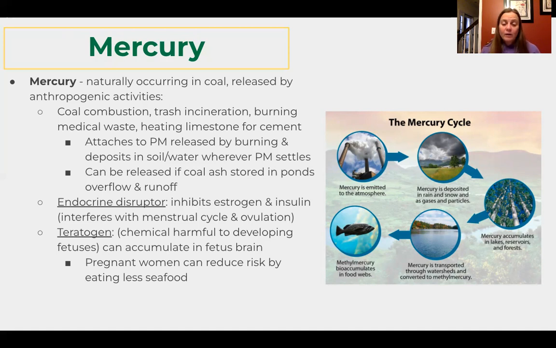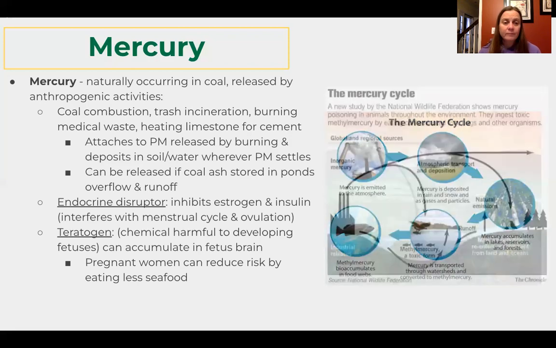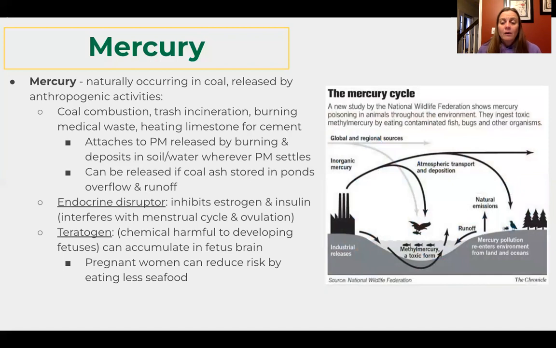And methyl mercury bioaccumulates in the food webs, which means that there's more methyl mercury in the large predatory fish. And so when we eat large predatory fish, then we also consume methyl mercury. So that's the toxic form of mercury. And again, the higher up the food chain, the more of it there is.